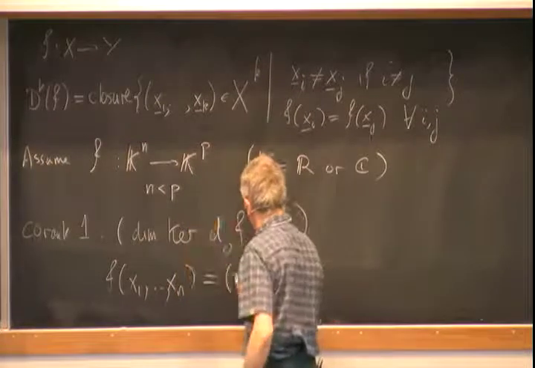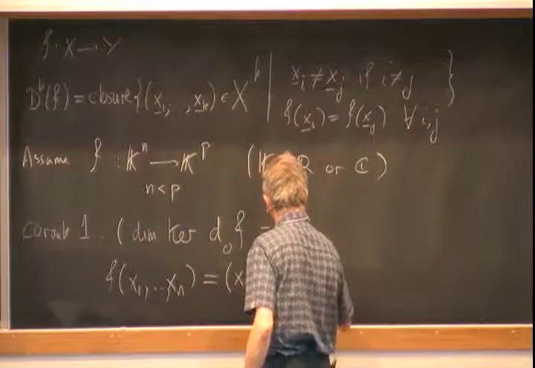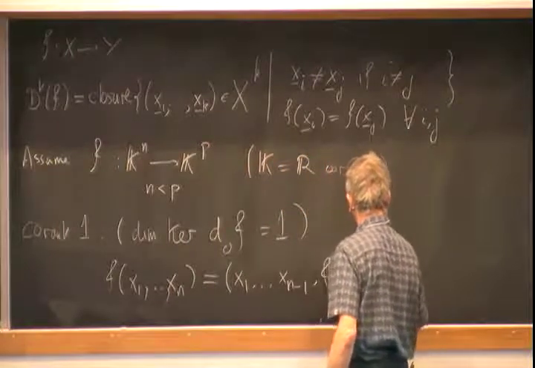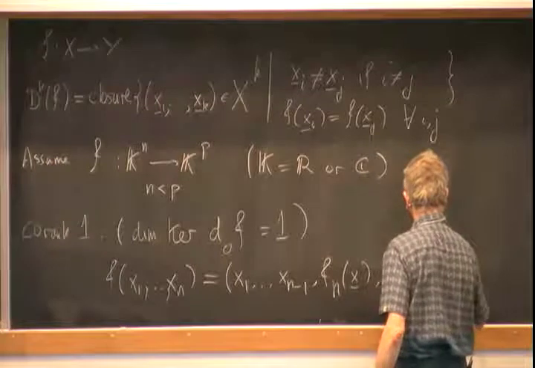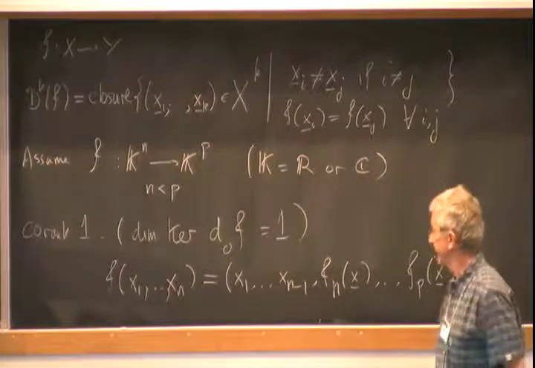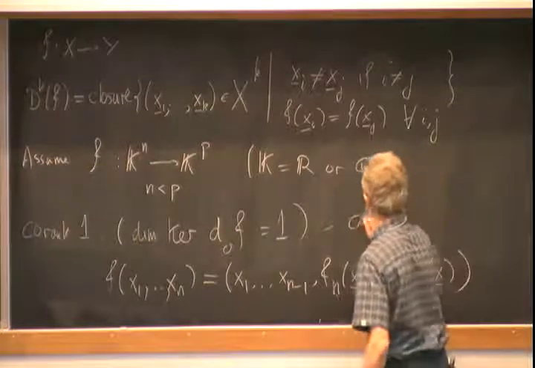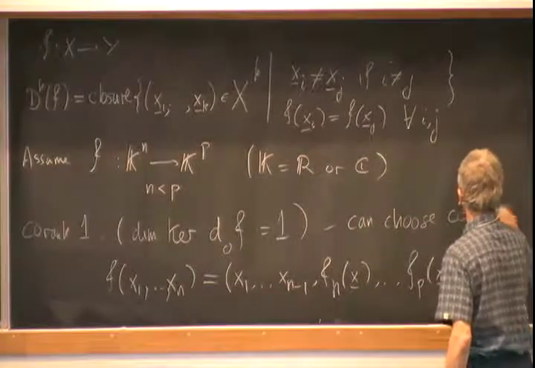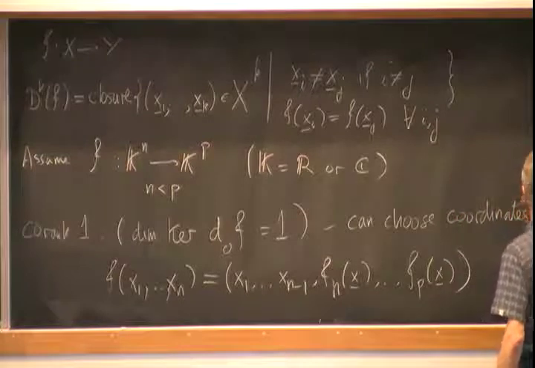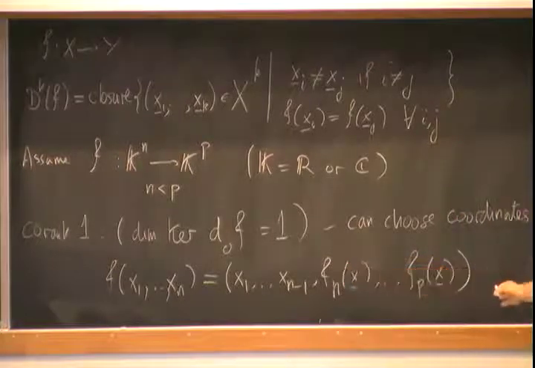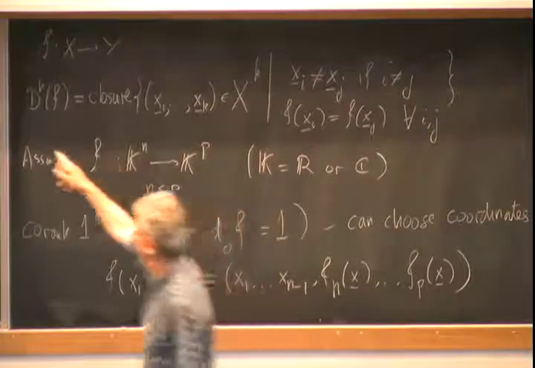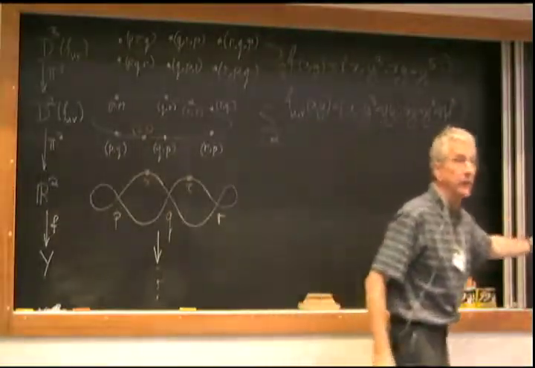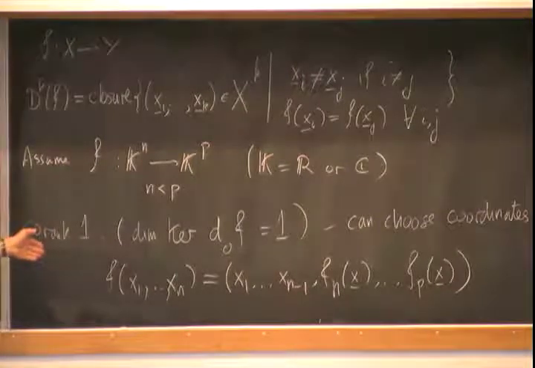And we can write this in the following form: fn of x, fp of x. So we can choose coordinates so that f takes this form, as here. This is just a consequence of the inverse function theorem or something quite elementary.